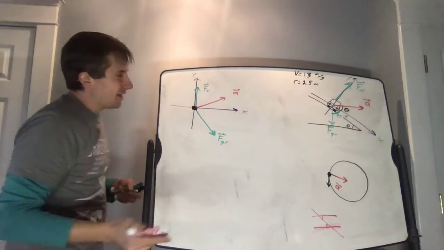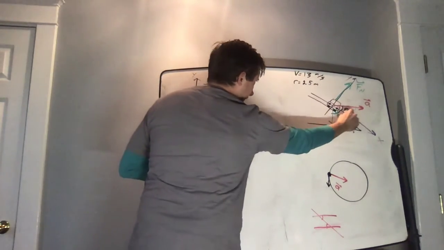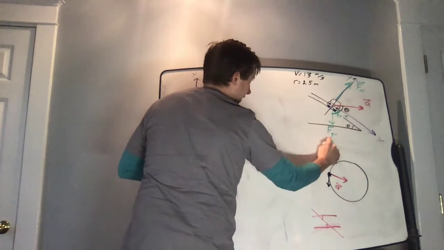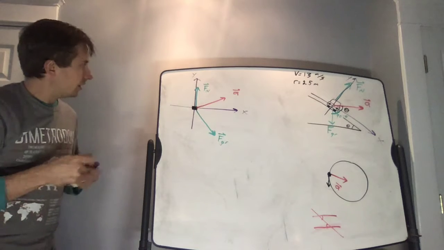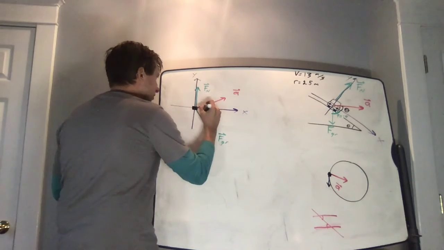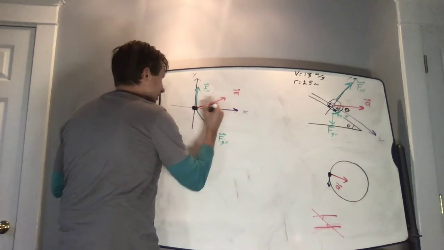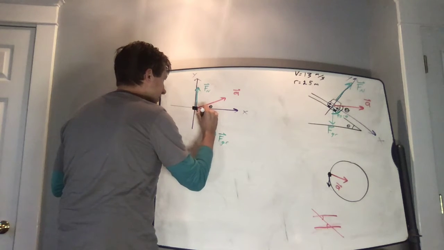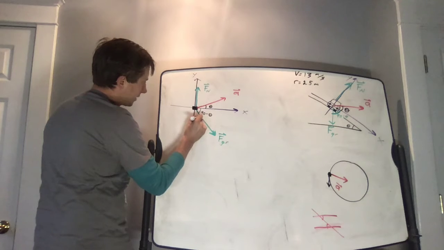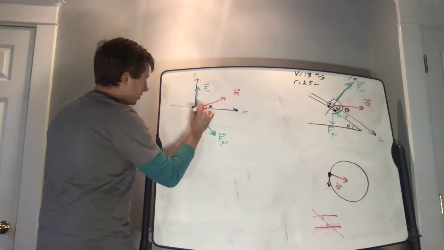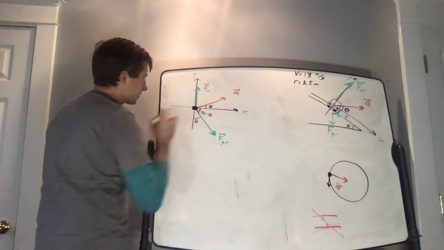Also notice that the angle between the acceleration vector and the force of gravity vector must be 90 degrees as well. So we know this angle is going to be theta. This angle will be 90 minus theta. And of course, this angle here will be theta again. So I'll give this one 2 lines.